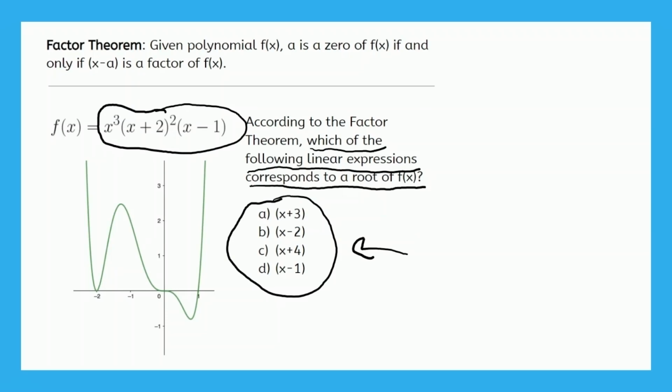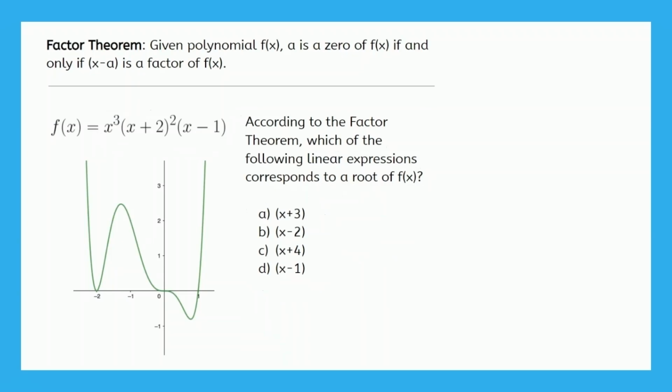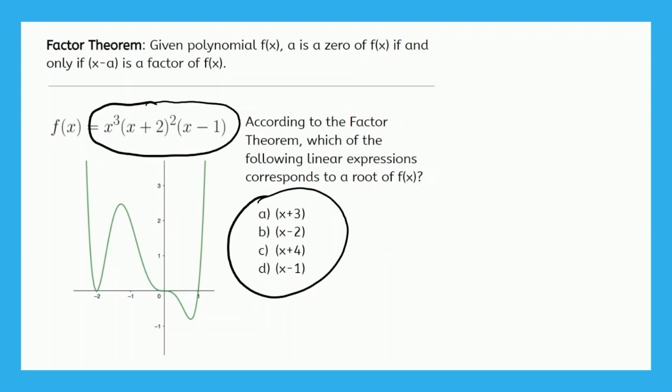Or in other words, we can find the root from that factor, or we can find the x-intercept from that factor. 0, root, x-intercept, same thing. So we just looked at all the factors of our function. So which of these options is a factor of the original function?